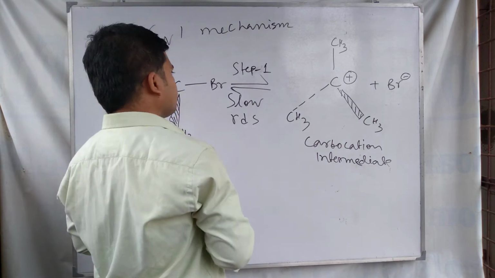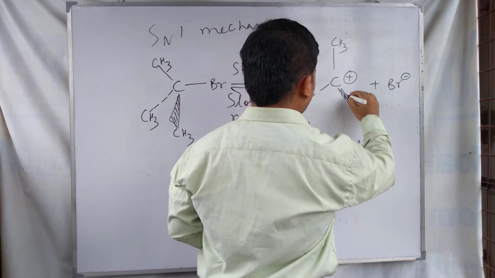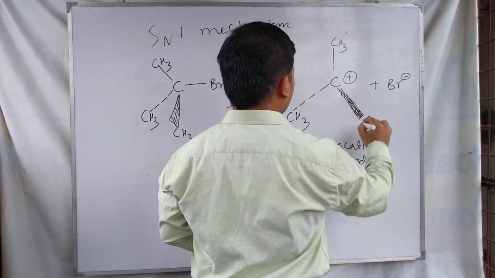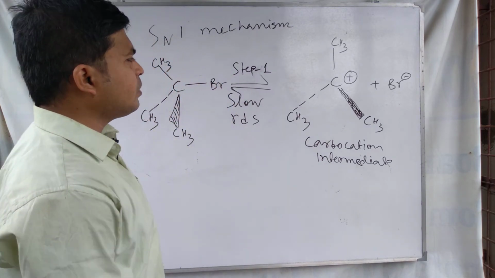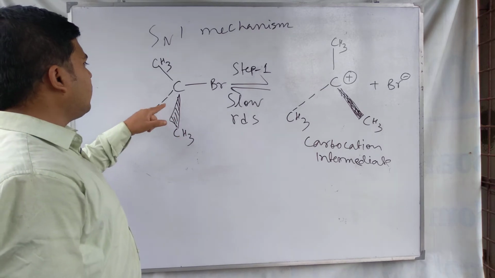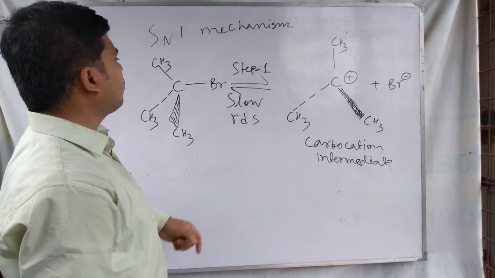So we are using a three-dimensional structure for this molecule. This bond is above the plane, this bond is below the plane. This is the three-dimensional structure of this molecule.